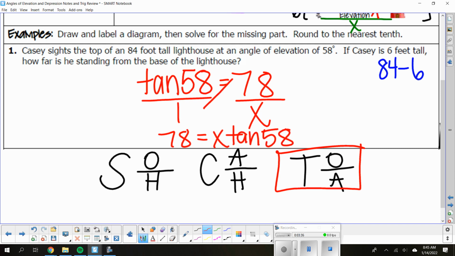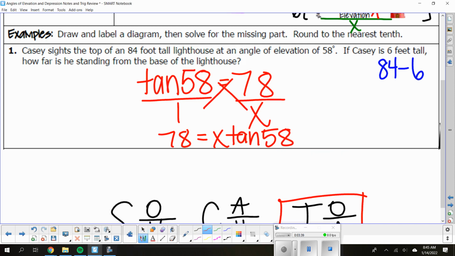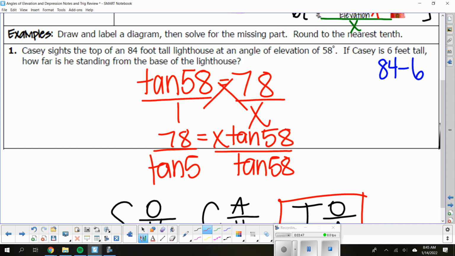I need to divide by my tangent of 58 on both sides, and I'm going to get x is 48.7 feet. So Casey is 48.7 feet from the base of the lighthouse, if you were to write this.